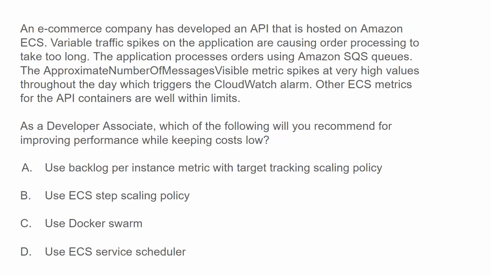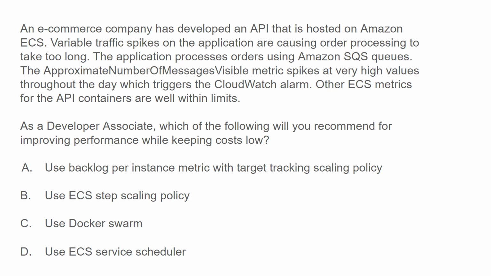The approximate number of messages visible metric spikes at very high values throughout the day, which triggers the CloudWatch alarm. Other ECS metrics for the API containers are well within limits. As a developer associate, which of the following will you recommend for improving performance while keeping costs low?